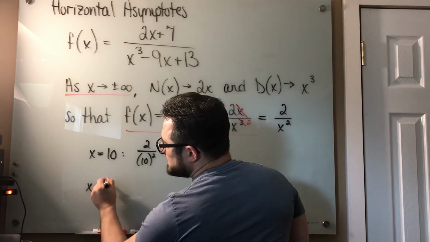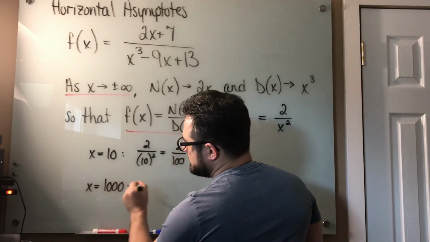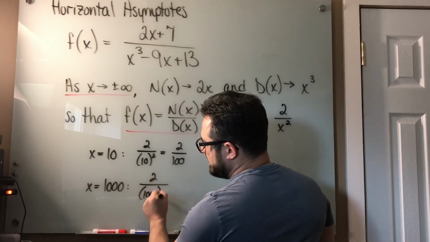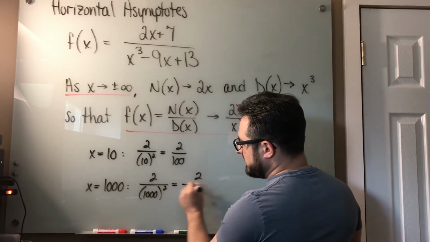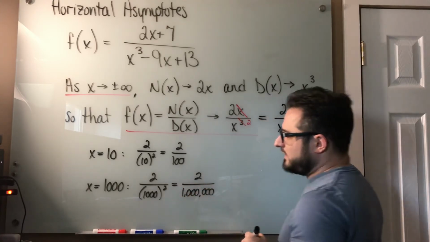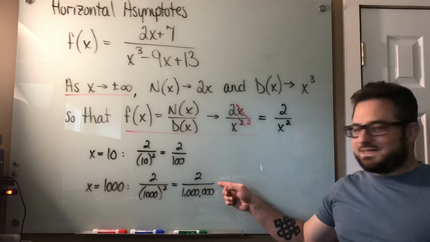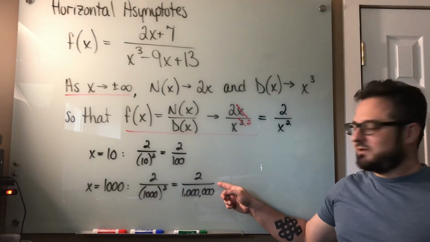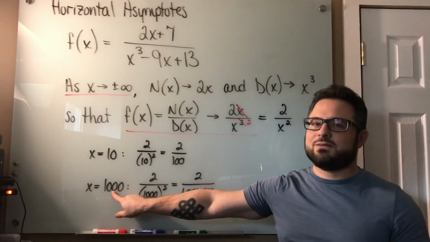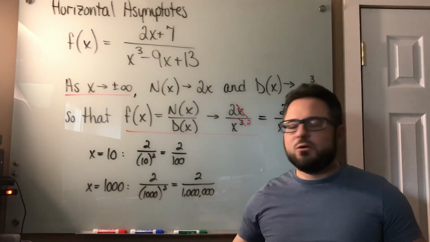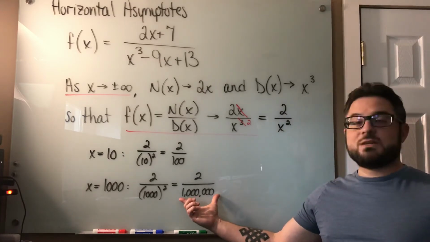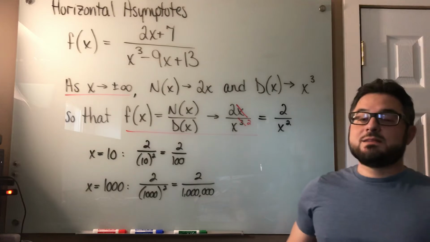When x is 1,000, we get 2 over 1,000 squared, which is 2 over 1,000,000. A teeny, teeny, tiny little value, and we're not even at that big of an x value yet. The further we go, the bigger this denominator is going to get, and the top will always stay just a lowly little 2.